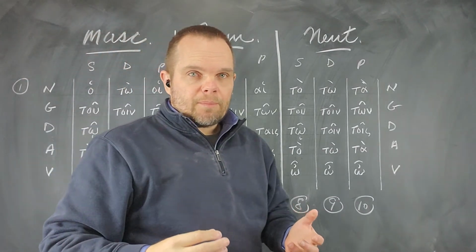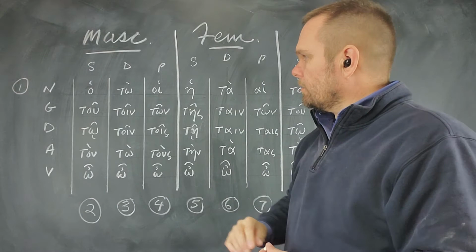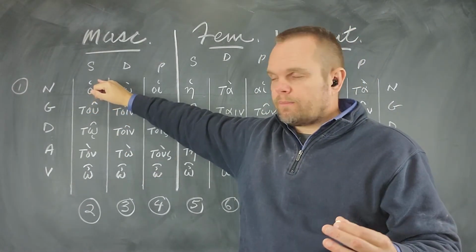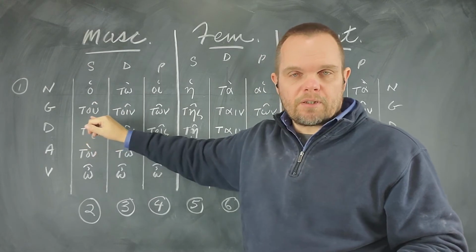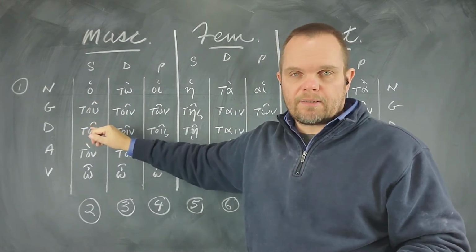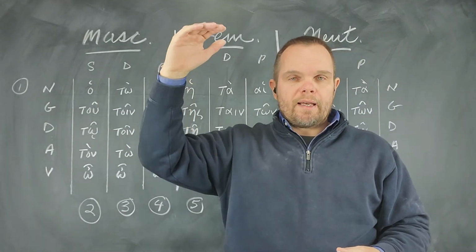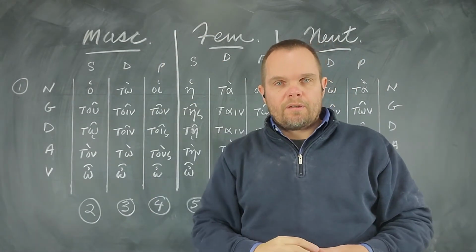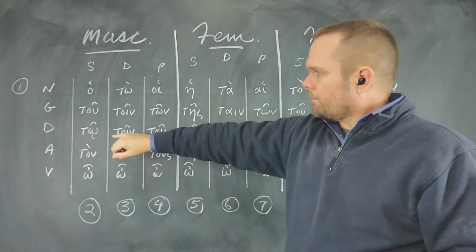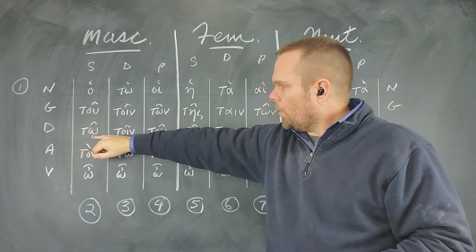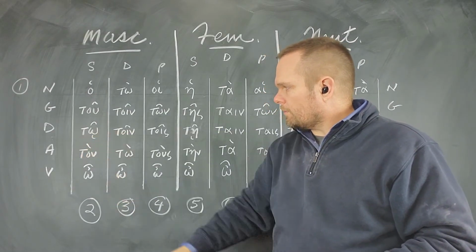A couple things about pronunciation. You'll see me paying careful attention to breathing marks and to accents, especially circumflex accents. Remember, a circumflex accent, we rise and fall in pitch on the syllable. Tou, to, to.